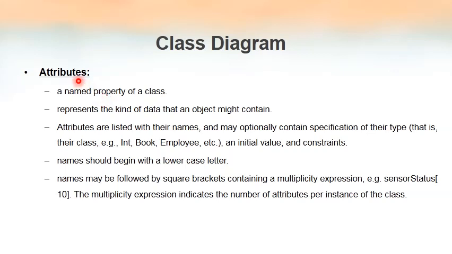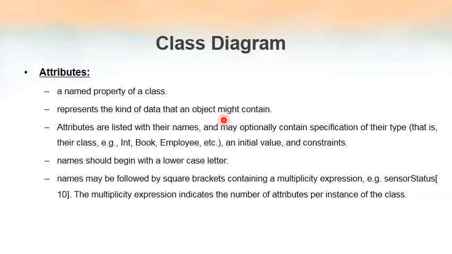Name is something that each member of the library will be containing. Each of us has a name, so that's the kind of data each object of a class may contain.